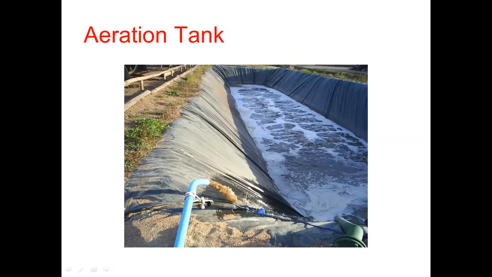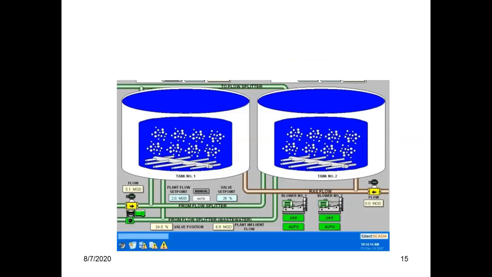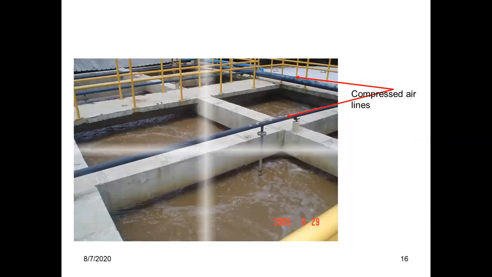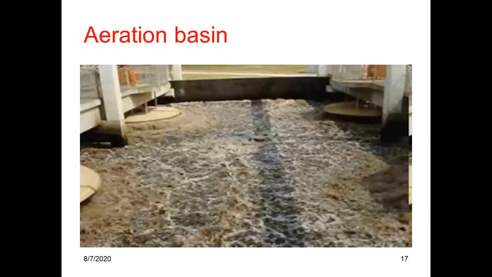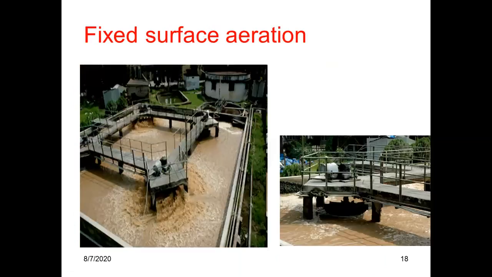So this is a picture of an aeration tank, and here you can see the air distribution system. Then this is another compressed air line in an aeration tank, and these are aeration basins of one wastewater treatment plant. Here some impellers are used.